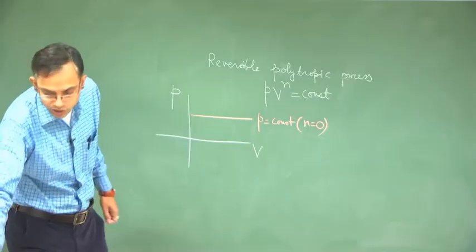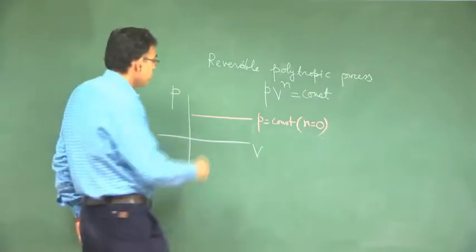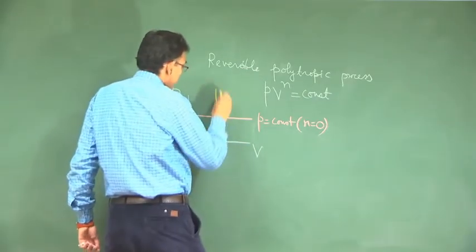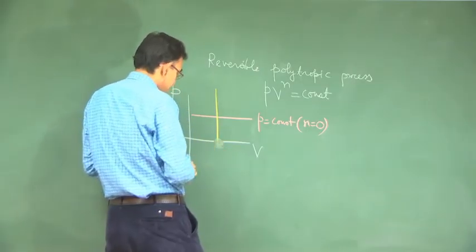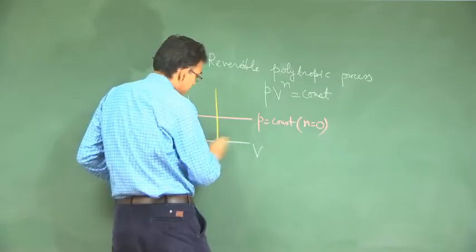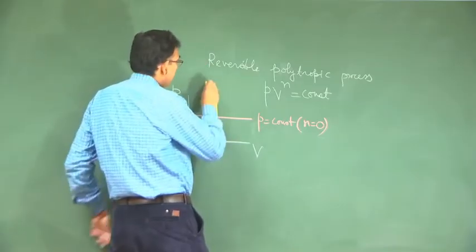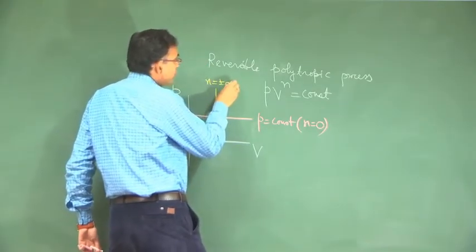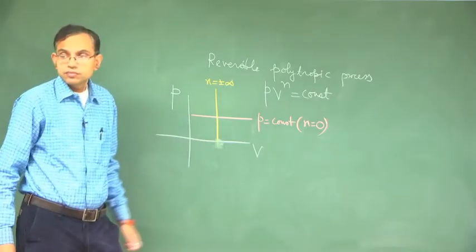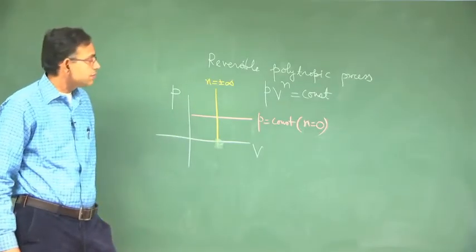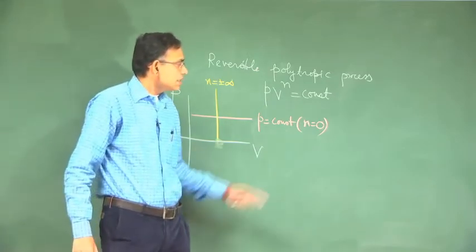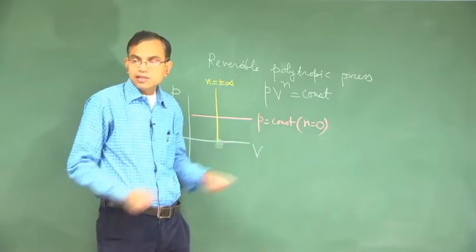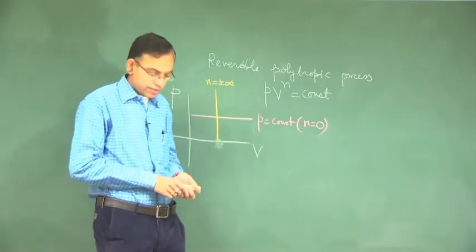Similarly, V equal to constant you can figure out; this is n equal to plus minus infinity, V equal to constant. Then we will consider the reversible isothermal and reversible adiabatic processes.